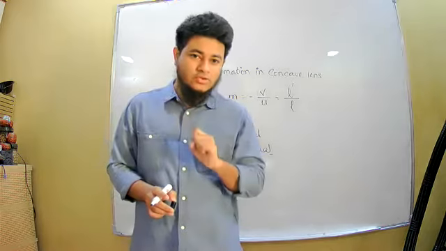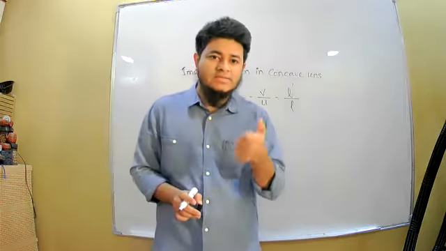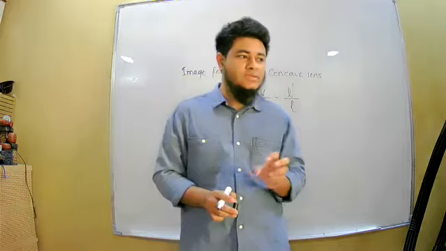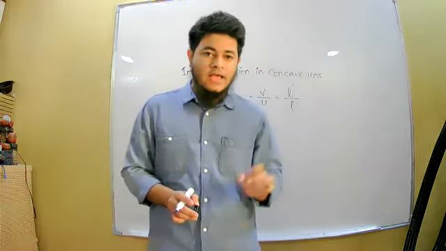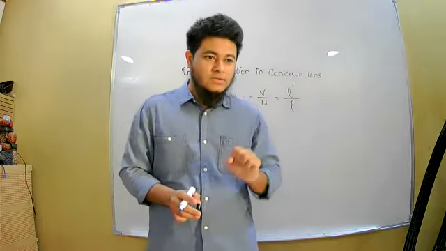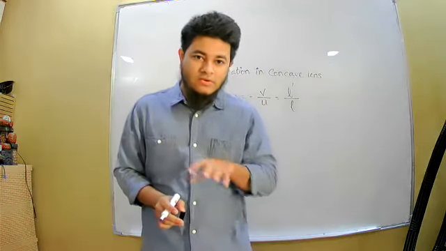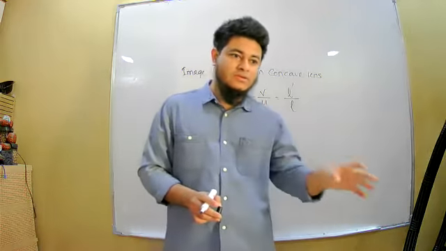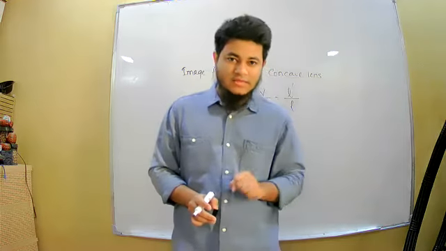The image is virtual. Now the question might state like this, that the focal length of this convex lens is 7 centimeter and the object is kept at 5 centimeter distance. Then you have to find the value of V, or maybe V will also be given, that V is 10 centimeter, something like this.